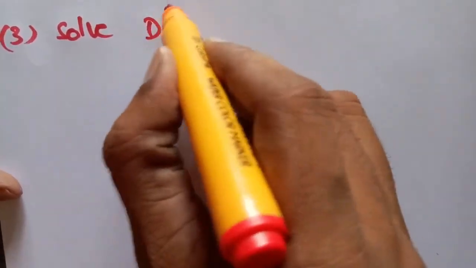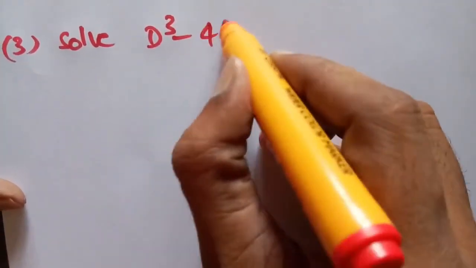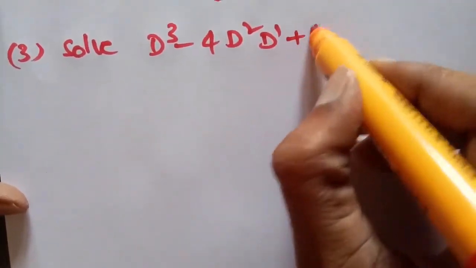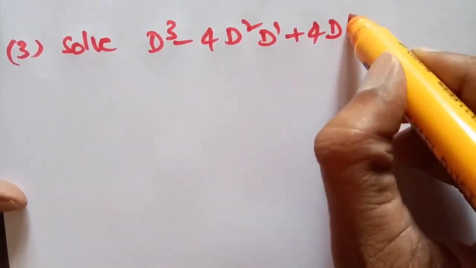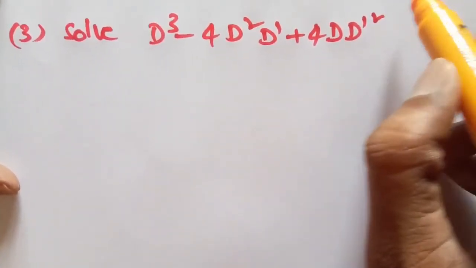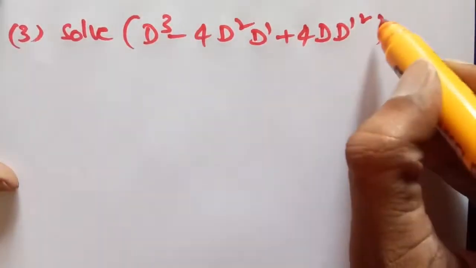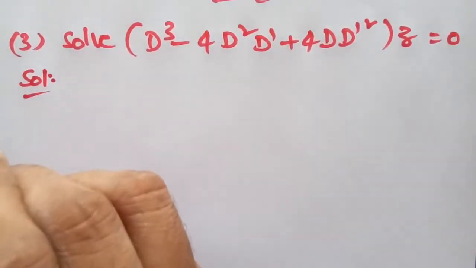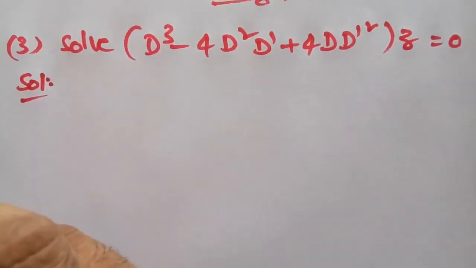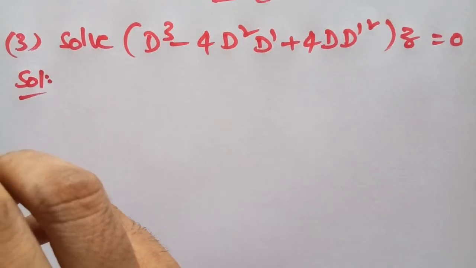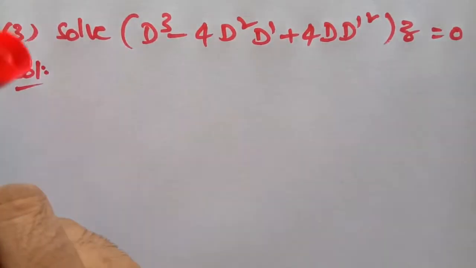Solve D cube minus 4 into D square into D dash plus 4 into D dash square into z is equal to 0. Now here the given equation is a homogeneous linear partial differential equation of order 3.